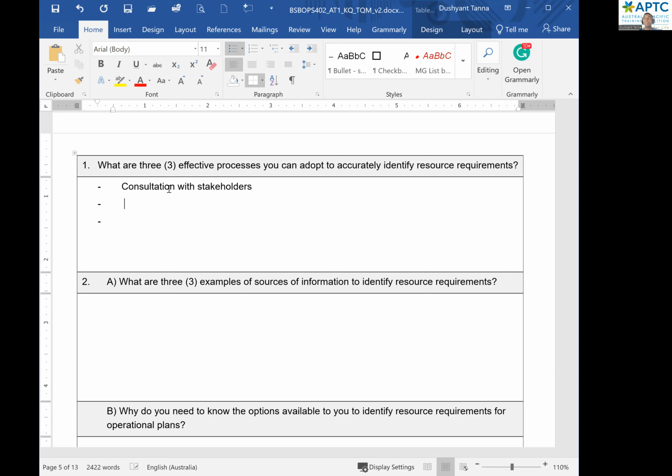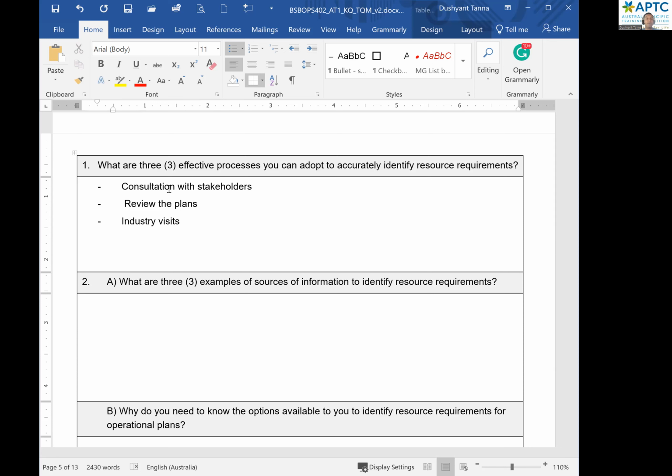The next one is to review the plans, your operation plan, your organization plan, or charts requirement. We might also say industry visit. If I need a printer, I cannot decide on my own.